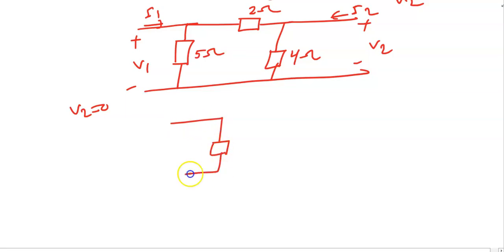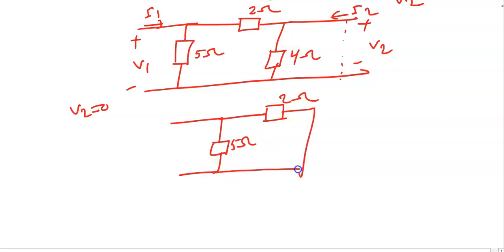My circuit reduces to this, because the terminals are the same, so no current flows through the 4 ohm resistor. So 5 ohm and this 2 ohm, okay, the circuit is like this, plus V1, this is V1 and I1.